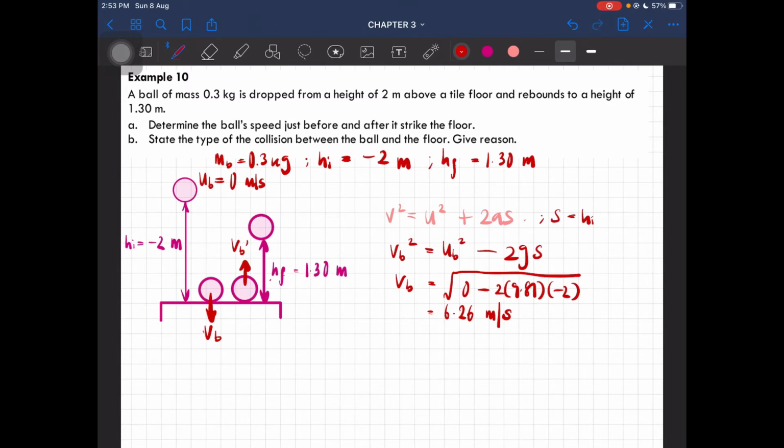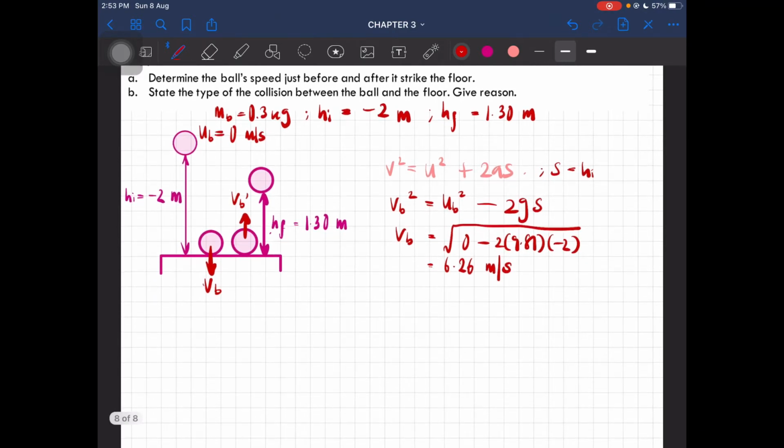Now we have to find the speed after it collides with the floor. After it strikes the floor, we look at when the ball is going up.